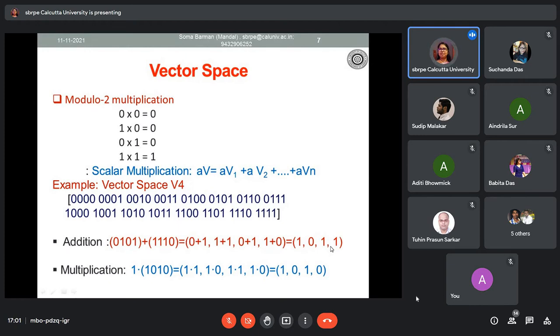Here the scalar is from a binary field, so obviously either 1 or 0 will be used as the scaling factor. If 1 is multiplied, each digit will be multiplied with 1: 1 with 1, 1 with 0, 1 with 1, 1 with 0. So that gives you the same thing, 1, 0, 1, 0.